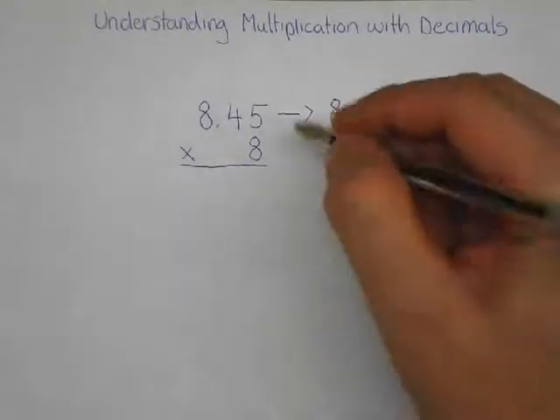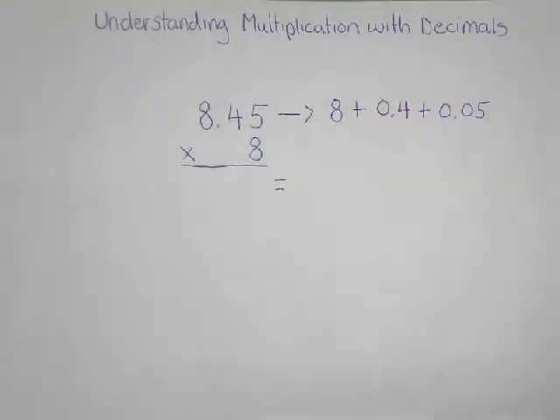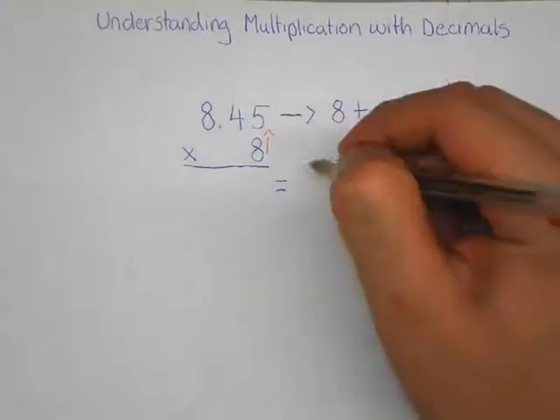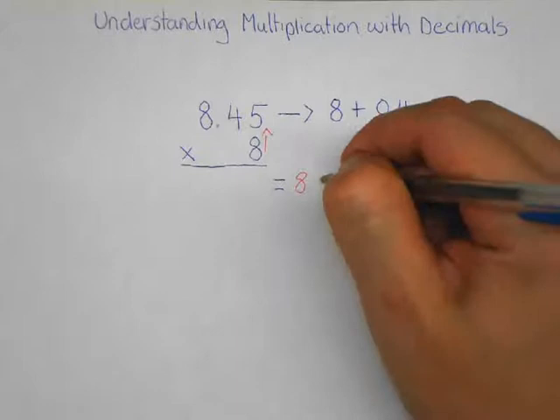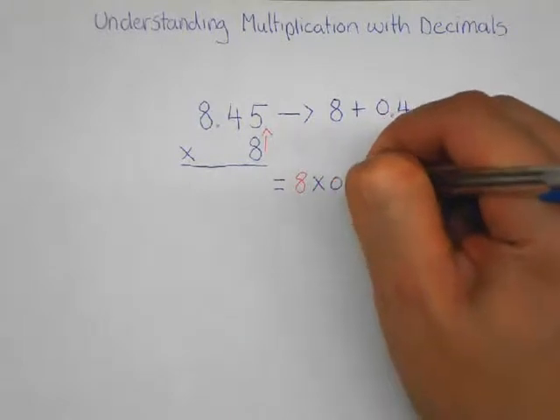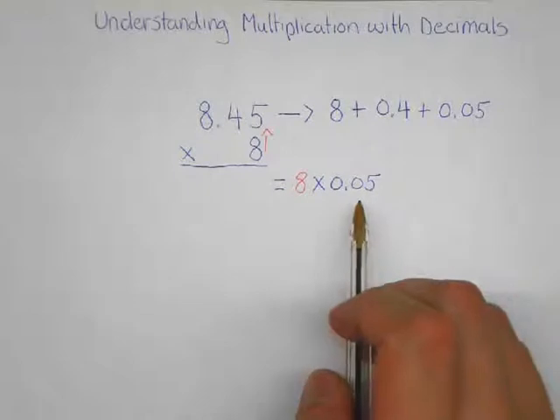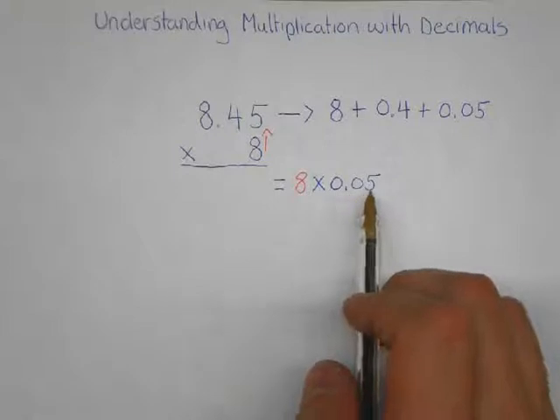Now, we could do this the same method in the long way. So we're going to do 8 times 5. Now, we have to remember that it is actually 8 times 0.05. Now we're going to be doing this with 2 decimals here. So the first thing we're actually doing, as opposed to before where we can multiply with a 0, we're actually doing the multiplication first.